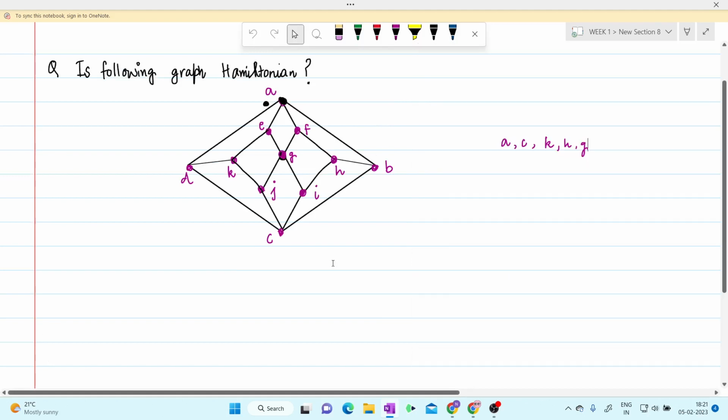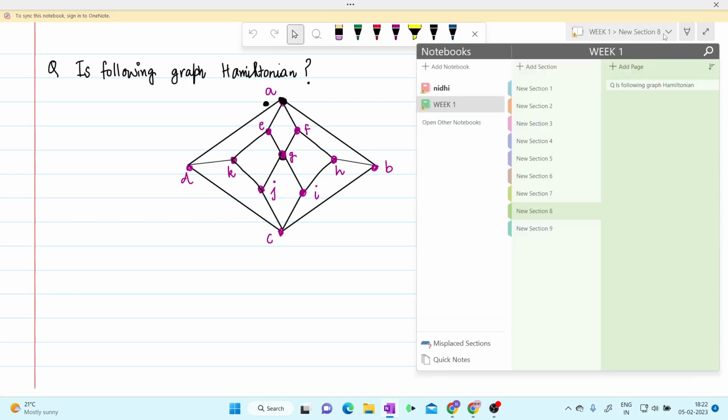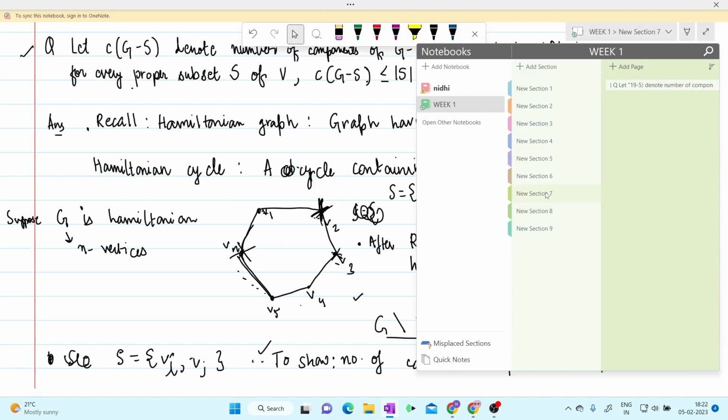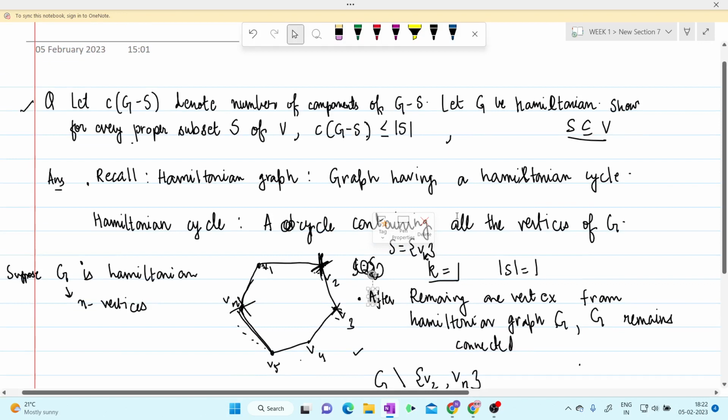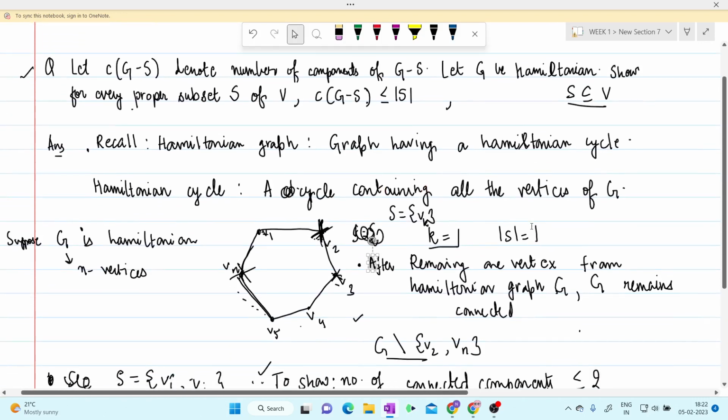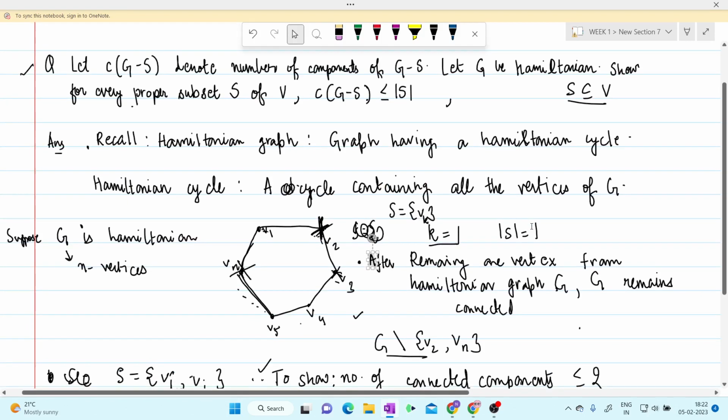Now the next question is this: you are given the following graph and you have to tell if this graph is Hamiltonian. Ma'am, for the previous question, how will we conclude, like we have done for cardinality of S equal to 1 and then 2? I'm leaving the general case to you. Using these same tricks, try to prove it for the general case.